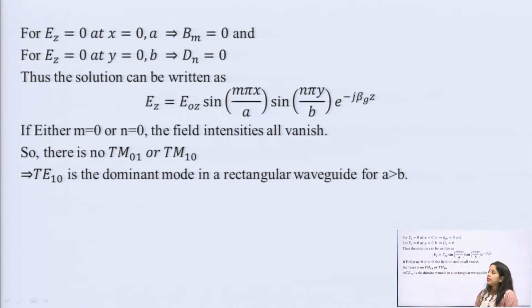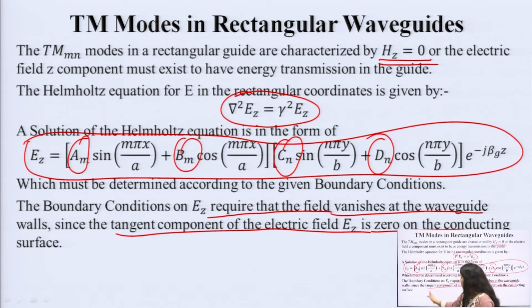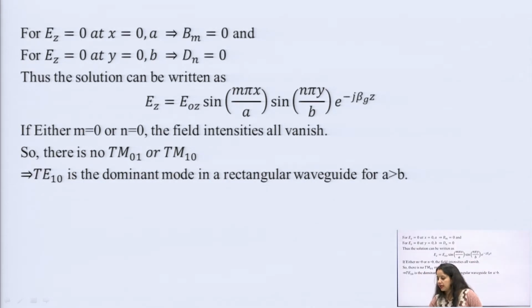So, Ez equal to 0 at x equal to 0 and a. We will proceed in the same way as we have done for the TE mode, that we will substitute the value of Ez equal to 0 for the particular condition, that is x equal to 0, and after that we will have the value of Bm equal to 0.